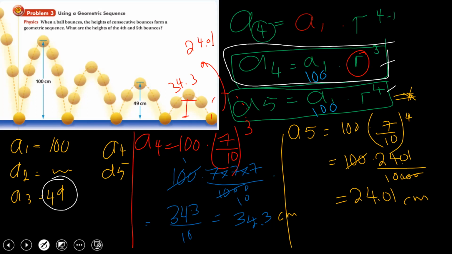So until now, we have two things. If I have a sub 1 and a sub 2, and they ask me to find a sub 100, it's very easy. I have a sub 1, and since a sub 1 and a sub 2 are consecutive, following each other, I can find the common ratio.